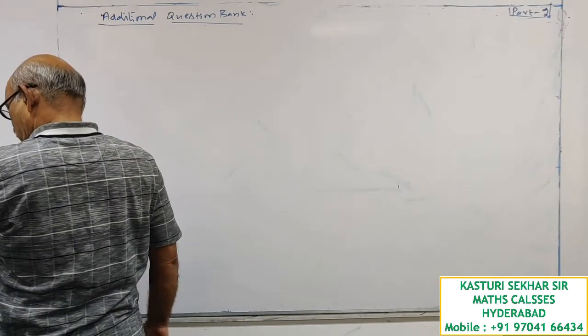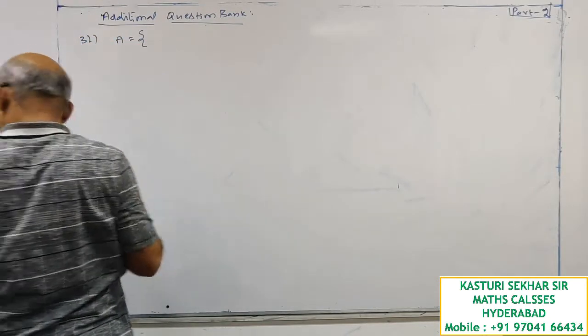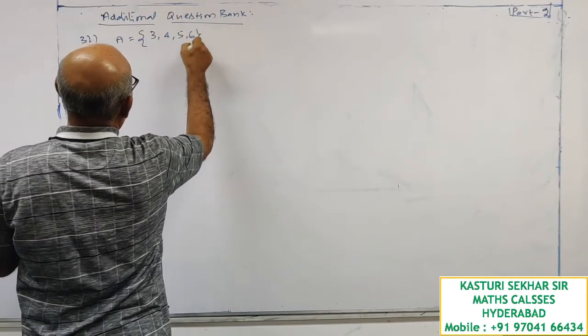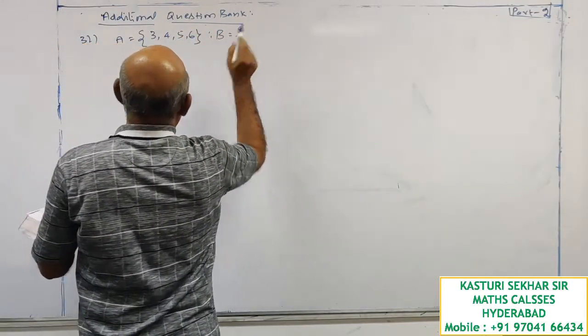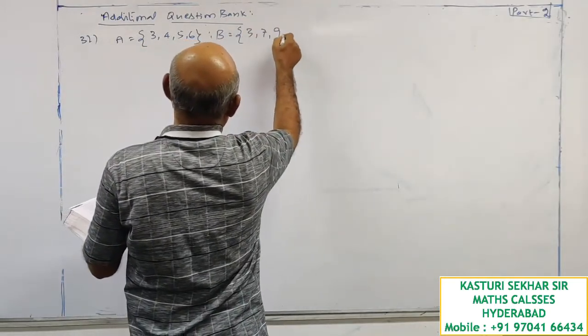Let us see the next question. A is equal to 3, 4, 5, 6. B is equal to 3, 7, 9, 5.